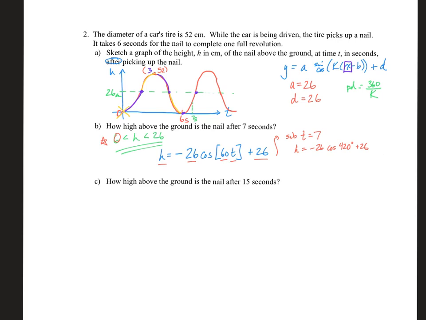Now, okay, we can push buttons on that as we work our way through. However, we should note that you could also come up with the value of 420 on your own. You know a full rotation is going to be 360. So that means that we go another 60 degrees into our first quadrant. And your special angles are going to tell you that that is a root 3, 1, 2 triangle.